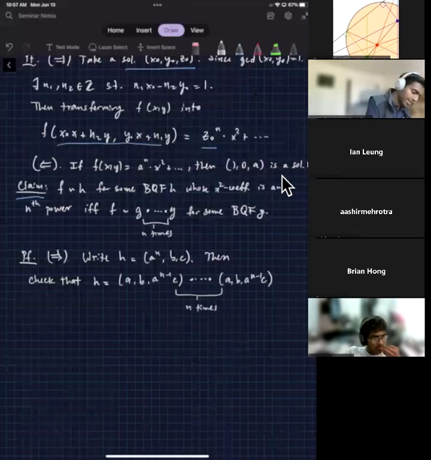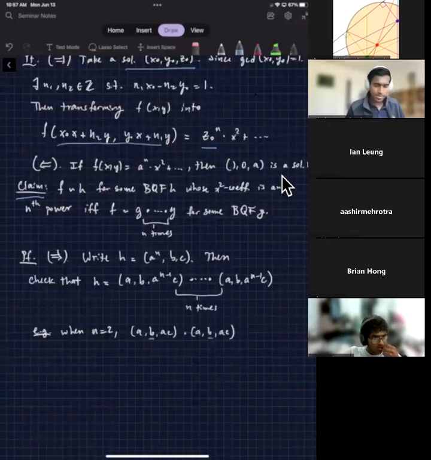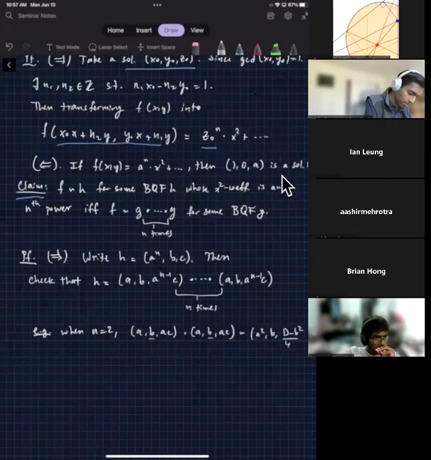Okay. So for example, when n equals 2, you take a, b, a, c, and compose it with itself. Well, what are the criteria for composition? Well, first of all, the forms have to be concordant, and their x, y coefficients are the same. So that's good. And then under some other conditions, this would be equivalent to a squared, b, d minus b squared over 4a squared.